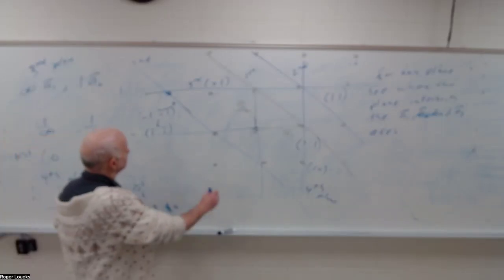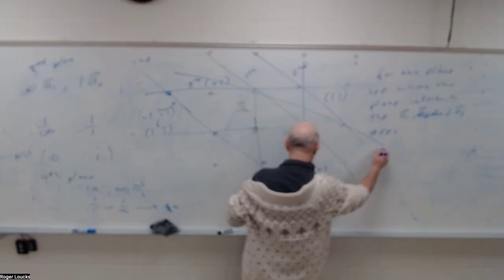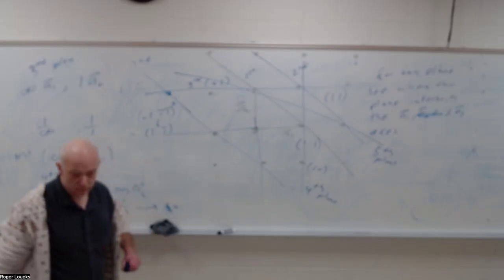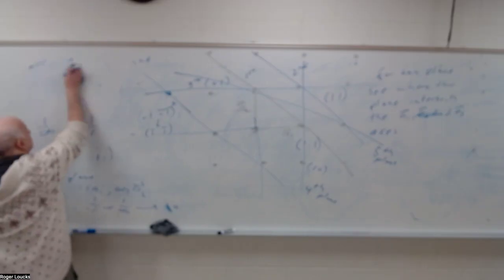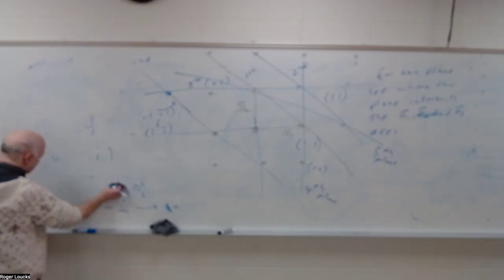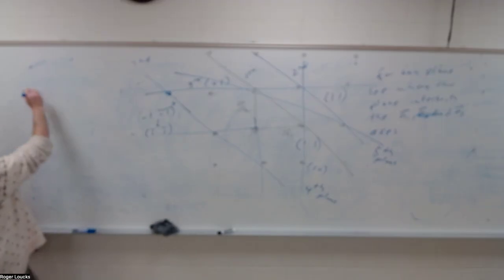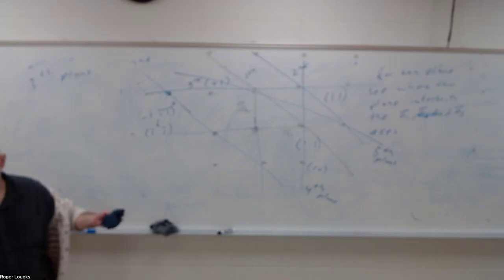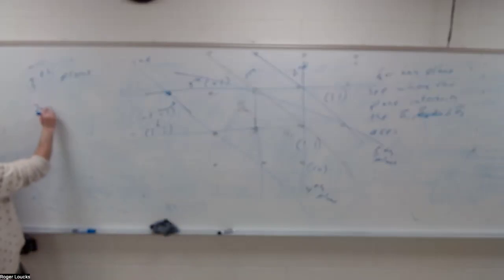What about our fifth plane, which is this one here? Where does it intersect A1? At 2 A1.